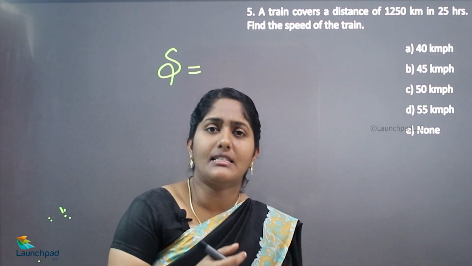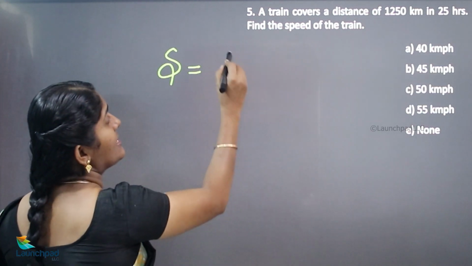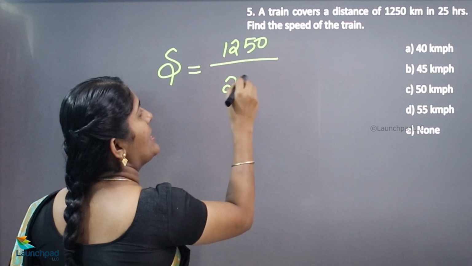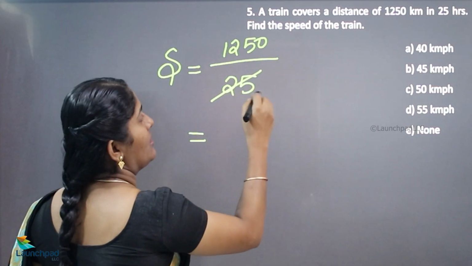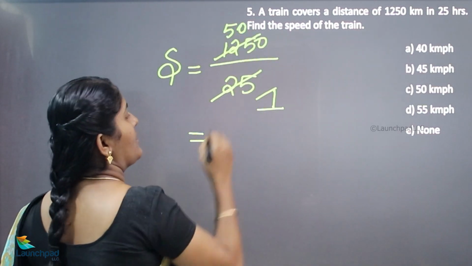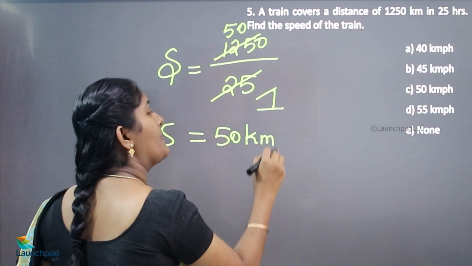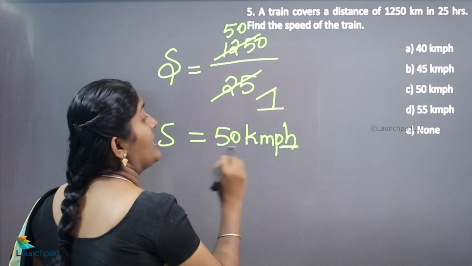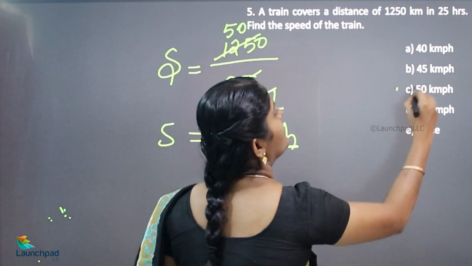So here your distance is 1250 and what is your time taken? 25 hours. While doing the cancellation, 25 5s are 125. So speed is equal to 50 km per hour. Don't forget this, per hour. The train can cover 50 km per hour. Hence your option is C.